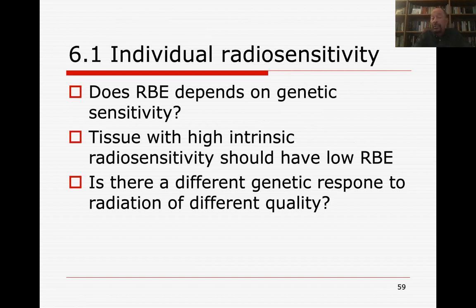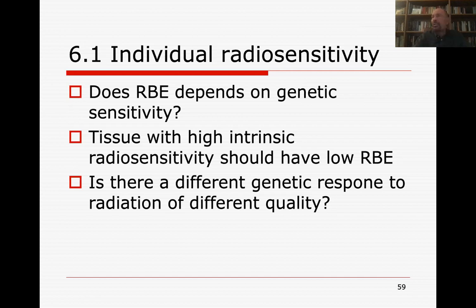Generally speaking, we will say that if you have high radiosensitivity, you should have low RBE. You remember that the RBE is also strongly dependent on the alpha-beta model. And of course, if you have a broad shoulder, you have a high RBE. But if you already have a linear dependence, you should go to an RBE which is approximately 1.